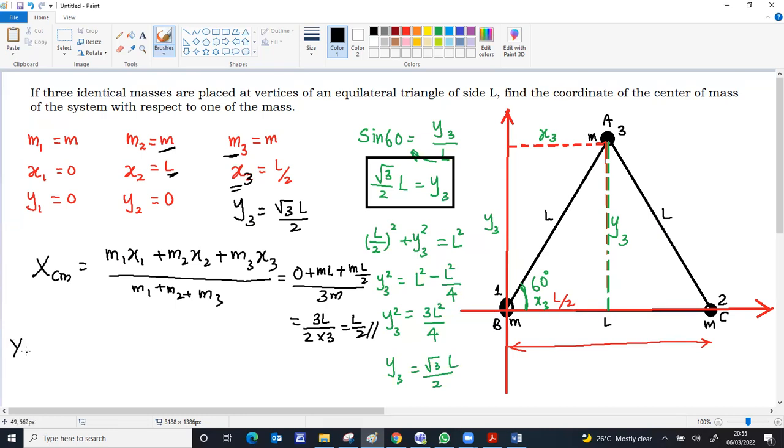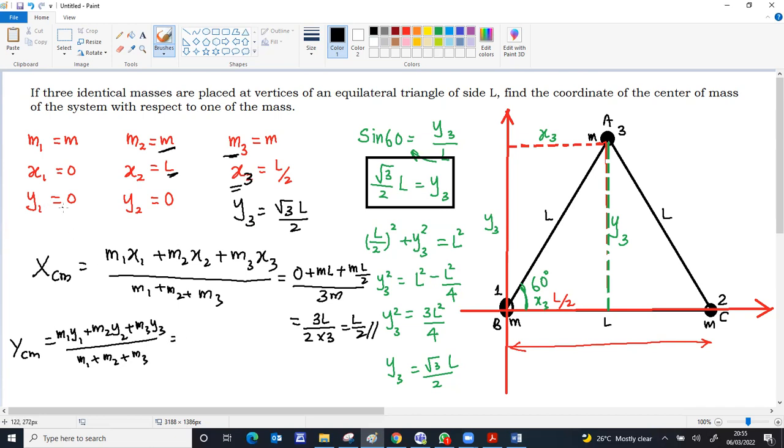For finding the y coordinate of the center of mass, m1 y1 plus m2 y2 plus m3 y3 by m1 plus m2 plus m3.